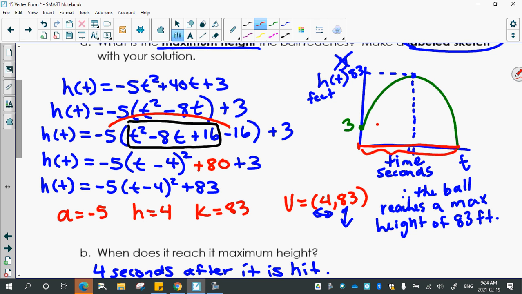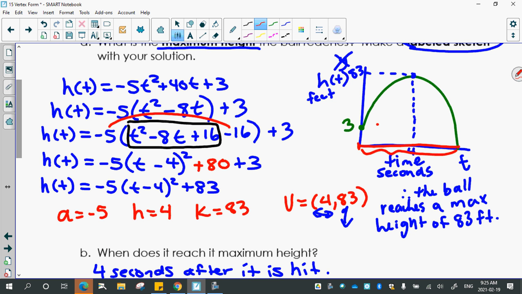That would be if it started at 0. You see what I'm saying? If I hit it right from the water, then it would be 8 seconds. So it's going to be around 8 seconds, but I hit it from the dock. So the dock's a bit above the water, 3 feet above the water, so it's going to be a little less than 8 seconds. Okay?